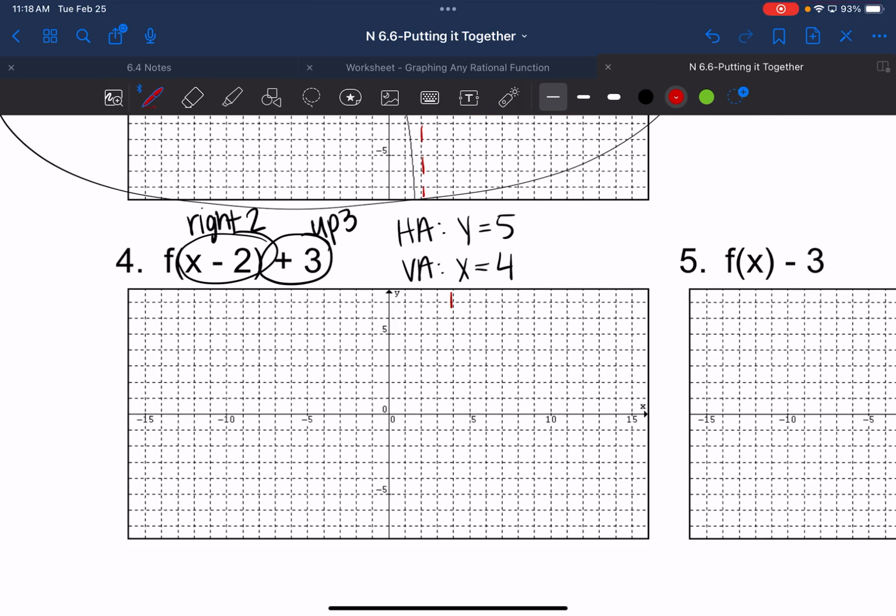So we've got a vertical asymptote at 4 and a horizontal asymptote at 5. And there was no negatives, right? Nothing to flip anything. So that should tell us that the piece in this quadrant stays put, still stays in this section, and the piece in this quadrant stays put in this section.